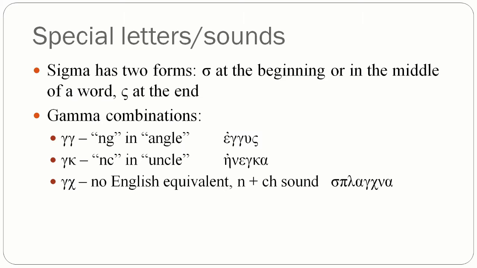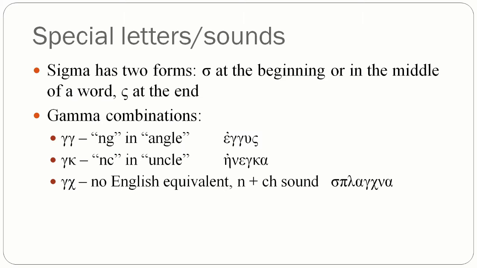The next combination with gamma is gamma and kappa. This one is like the nc combination in the word uncle. So it's now nk, uncle, and that's the gamma kappa sound.